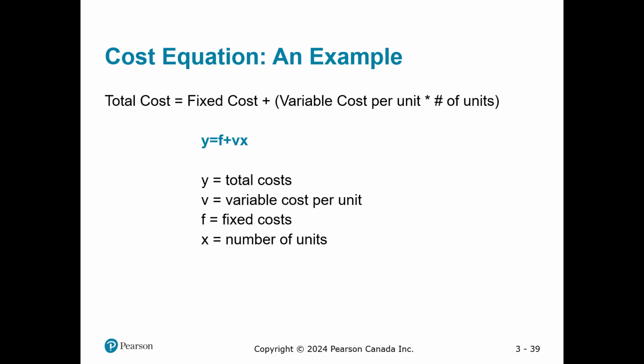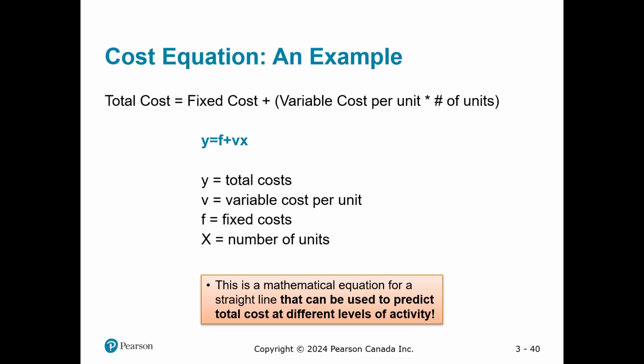And the formula would be y equals F plus Vx, where y is total cost, V is variable cost per unit, F is fixed cost, and X is the number of units. This is basically a mathematical equation for a straight line that can be used to predict total costs at different levels of activity, different volumes of desks.